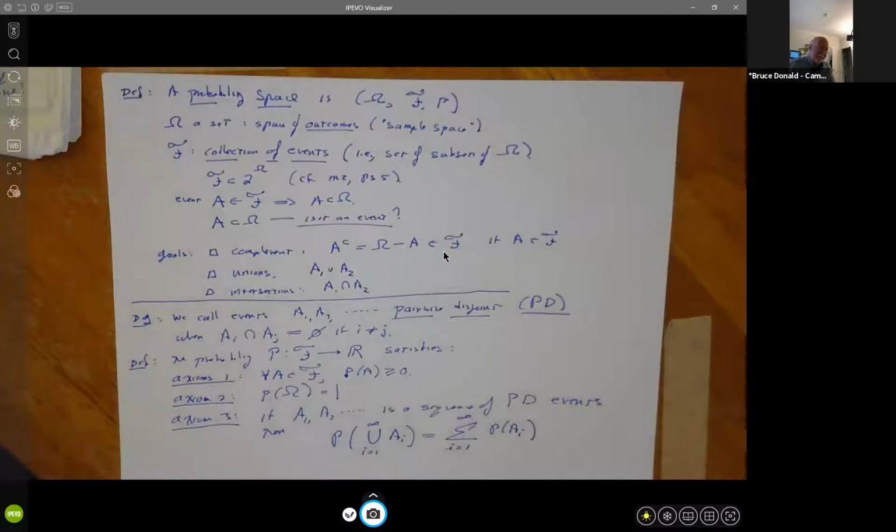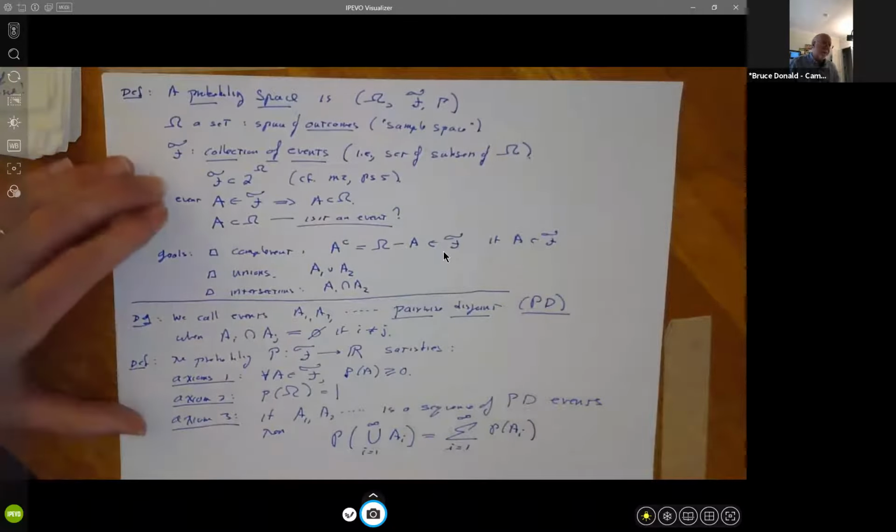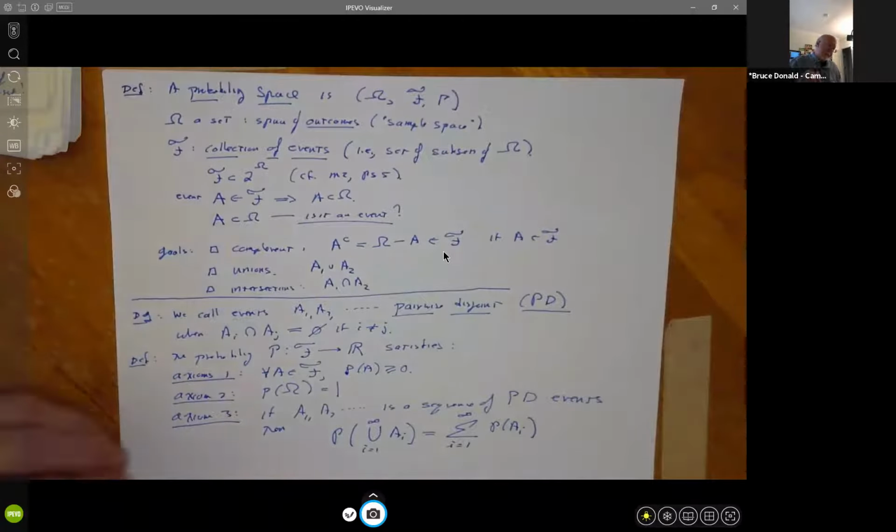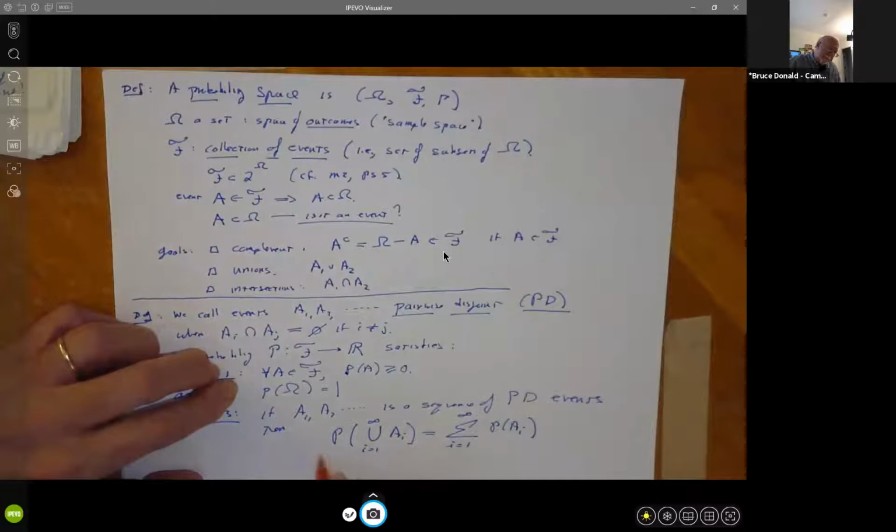So let's look at this. There's a lot going on here, but you're all prepared for it, given what we've done. So this beast on the left is a countable union. And this beast on the right is an infinite sequence.